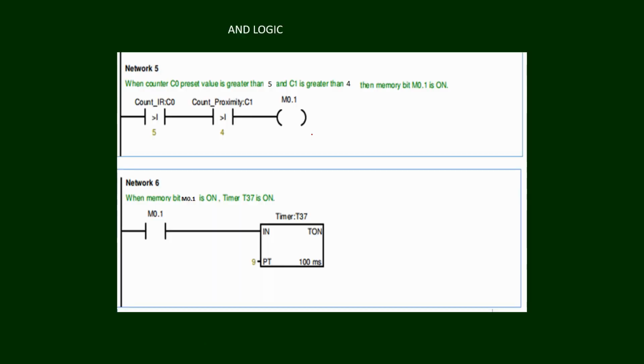After counting all, if we need to turn on one timer, we can do it like this. You see here, we have to do AND logic. Yes, we have to count the metallic and non-metallic objects. We have to keep that in this memory. Then the memory will act as a switch. Then it will switch on the timer. Then according to the timing setup, the timer will switch on.